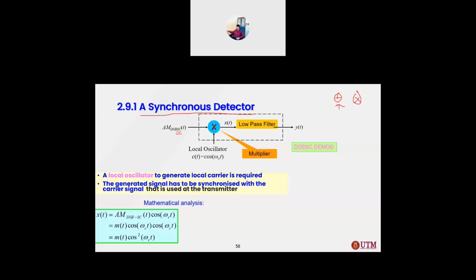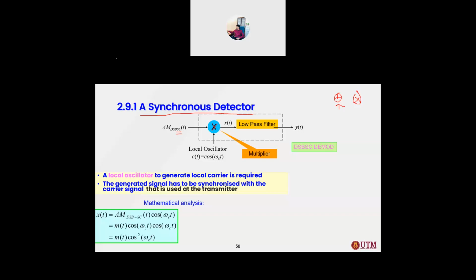Please know that when you use a synchronous detector, you should already have the information of what the carrier frequency is. For example, if you are using 10 gigahertz, the local oscillator also should be set to the same frequency. So when you use the system, you must know the predicted carrier frequency to be used, because to demodulate, you need to know the frequency of the carrier.